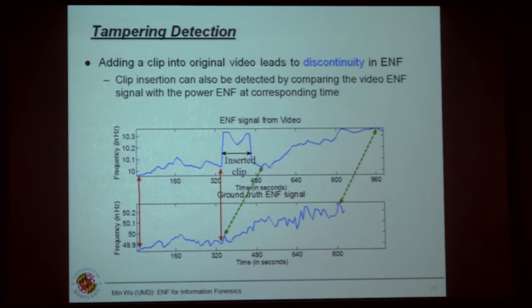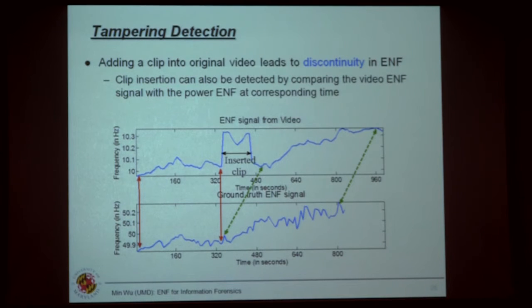Now with this ENF serving as a timestamp when we align with the power references, we can use this in a variety of ways. What we are seeing here on this slide is the ENF from our original recording.